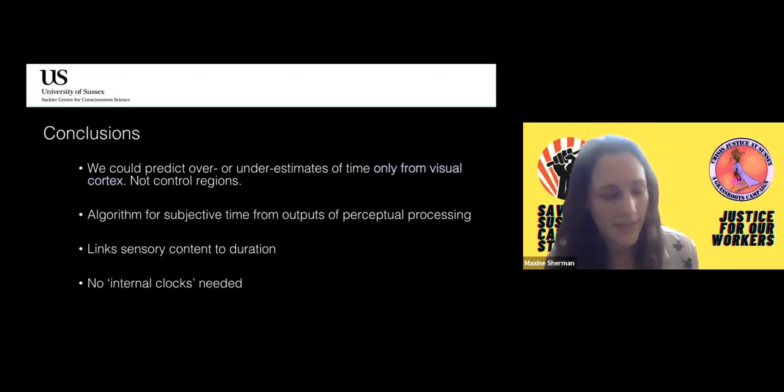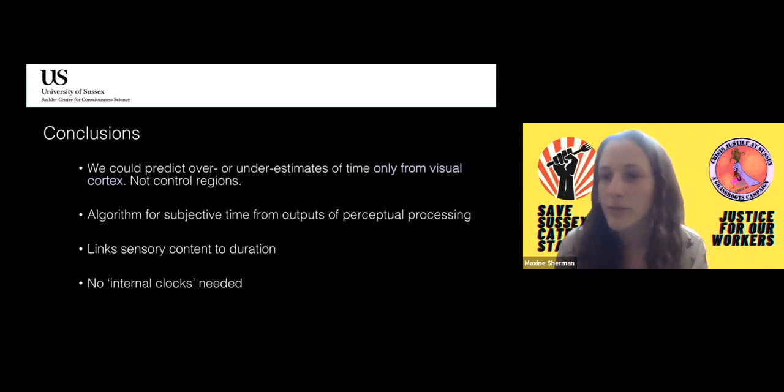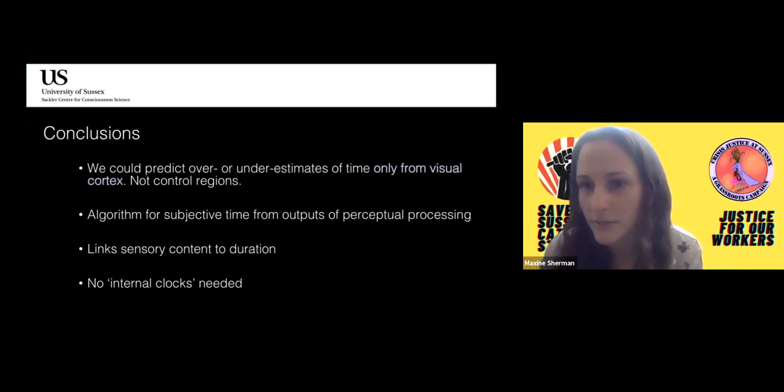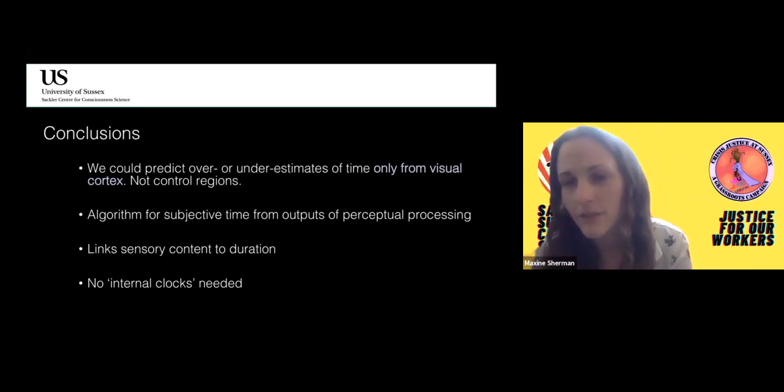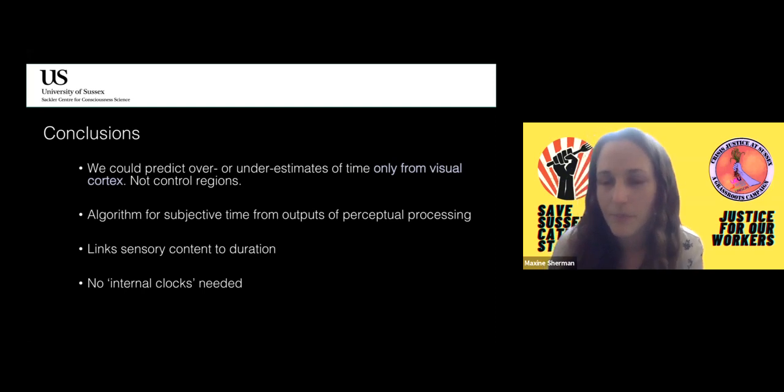So say the differences that you get in V1 BOLD that are captured by this algorithm are tracking changes in contrast and there are more of them in the city scenes, then you would overestimate time. Yeah, that's exactly what it's trying to capitalize on.